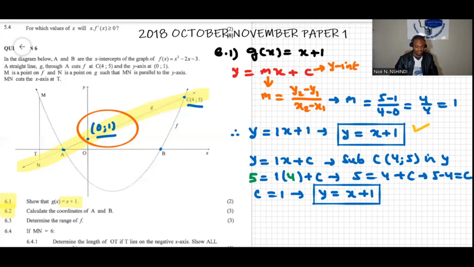Right here, question 6.2, looking for A. We know that because these are x-intercepts, the y value is 0. Call them x1 and x2. So we're looking for the coordinates of A and B.